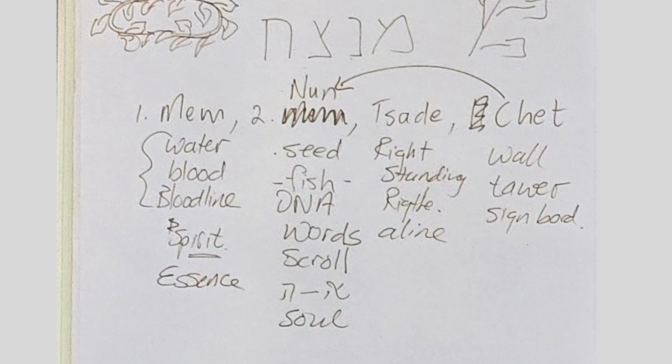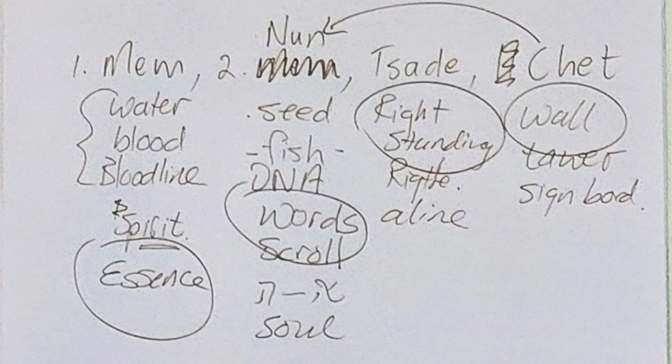Okay. So if I look at the name Victor, we can say it is the essence, the being, this person that carries words, bringing right standing, because there is a wall. So do you want this picture?